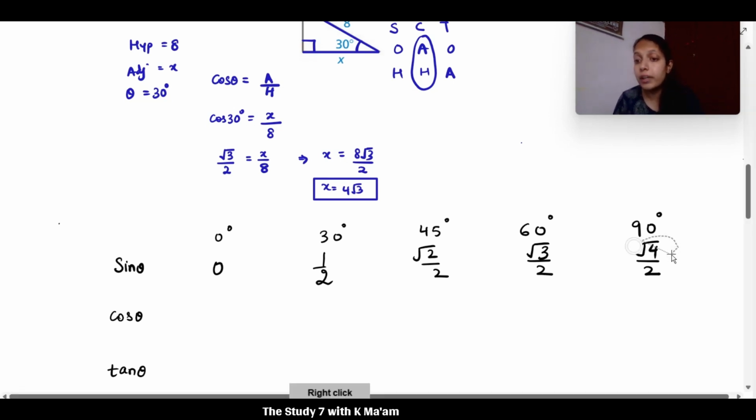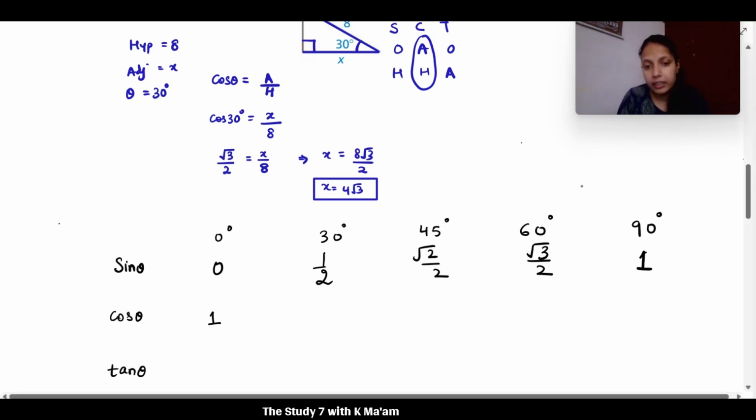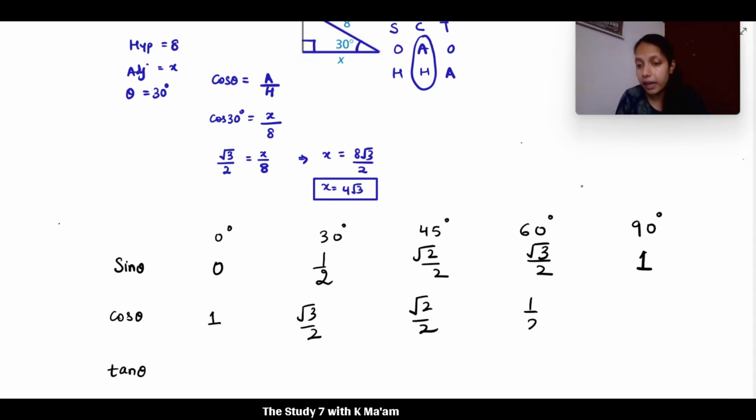Square root 4 by 2 is 2 by 2, it's 1. So you got the value of sine theta. Now write all the values from the last: 1, square root 3 by 2, square root 2 by 2, 1 by 2 and 0.